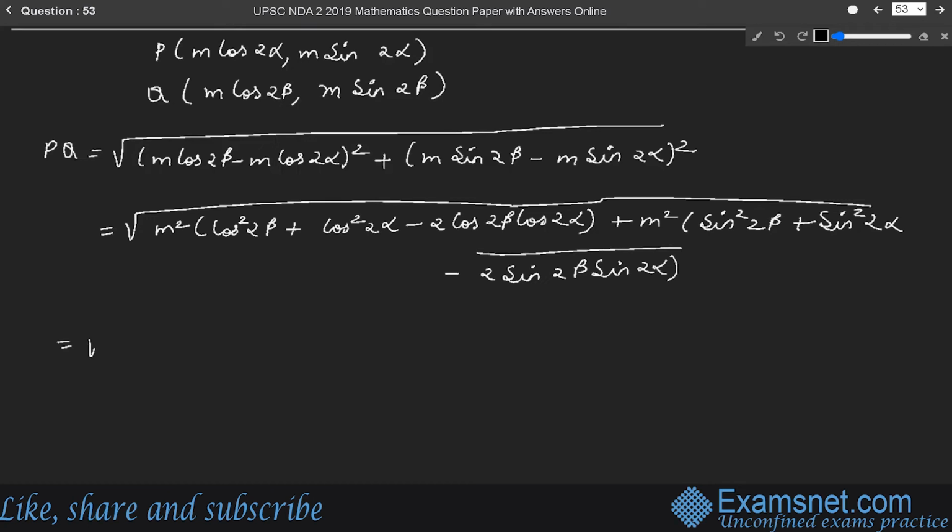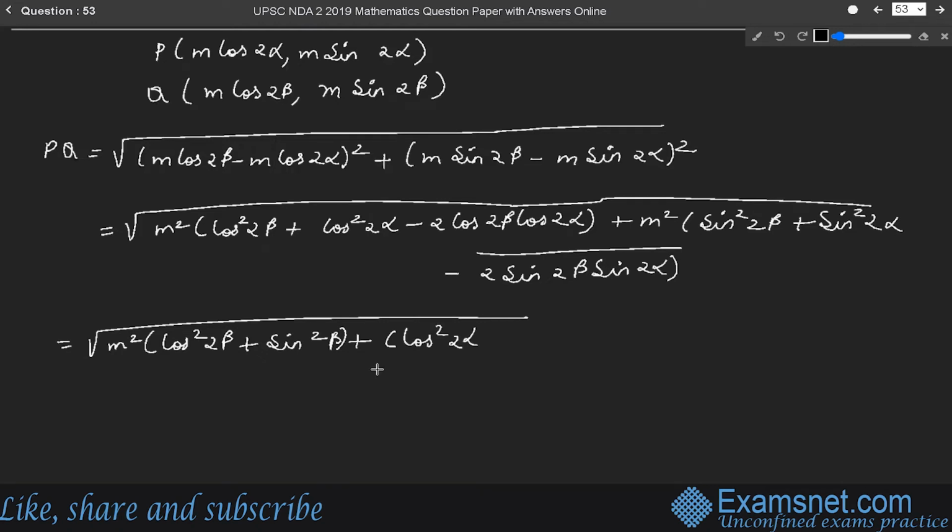This will be equal to the square root of m squared into (cos² 2β plus sin² 2β plus cos² 2α plus sin² 2α minus 2 (cos 2β cos 2α plus sin 2β sin 2α)).